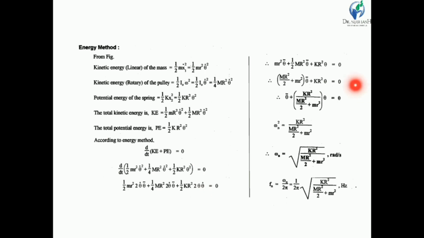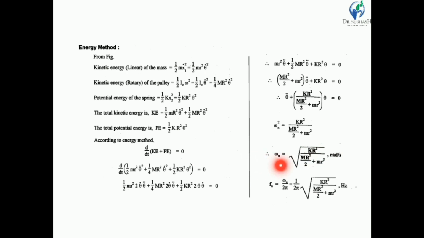If we simplify this equation, then we get theta double dot plus in a bracket capital K capital R square divided by capital M capital R square divided by 2 plus small m r square bracket complete into theta is equal to 0. If we compare this equation with simple harmonic motion, then we get omega n square is equal to capital K capital R square divided by capital M capital R square divided by 2 plus m r square.